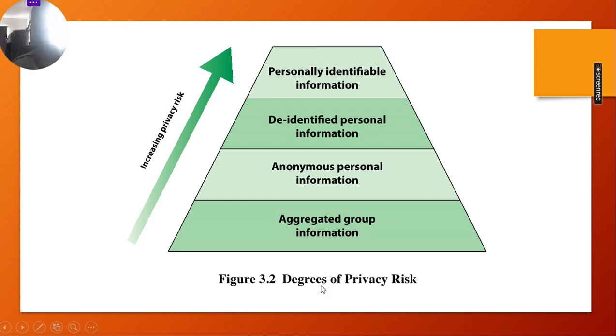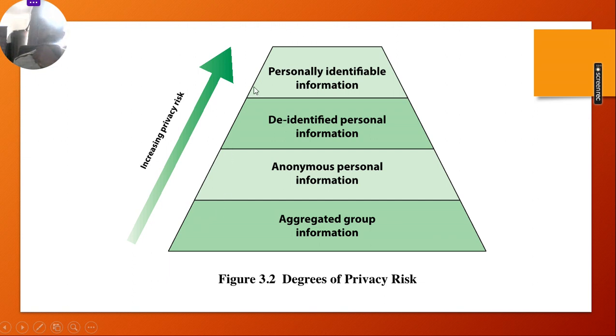Now let's take a look at figure 3.2, the degree of privacy risk. First of all, we have aggregated group of information. This is the big one at the bottom of the ladder. Then we have anonymous personal information, right? Then we have de-identified personal information. Then we have personally identifiable information. Now for this personally identifiable information, you say increasing privacy risk.